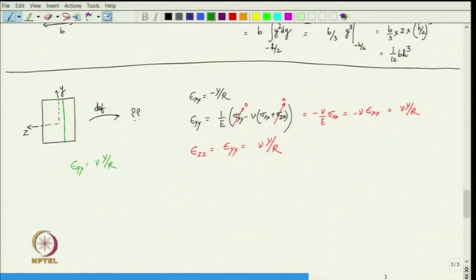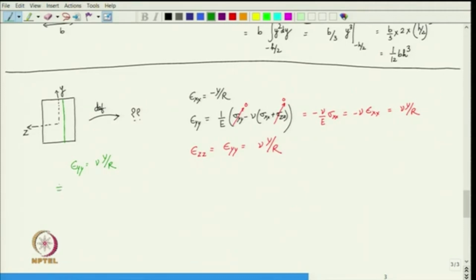So, on the top side of the neutral axis, epsilon y y becomes positive, and on the bottom side epsilon y y becomes negative. So, one half of the green line will see positive normal strain, whereas the other half is going to see negative normal strain.